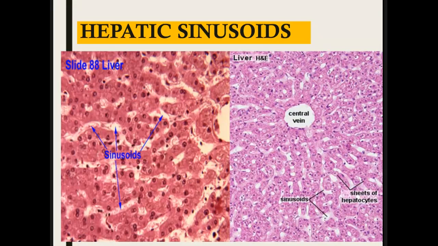On the left side of the screen, the blue arrows are your hepatic sinusoids. And on the right side of the screen, found in between the hepatocytes are all your hepatic sinusoids.